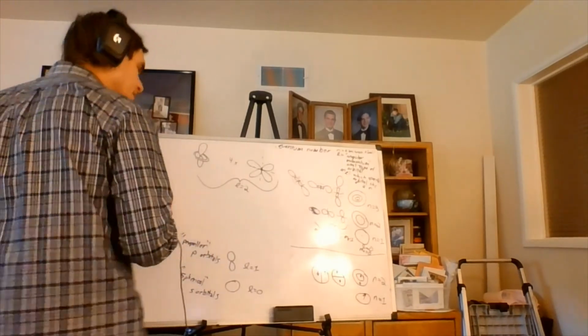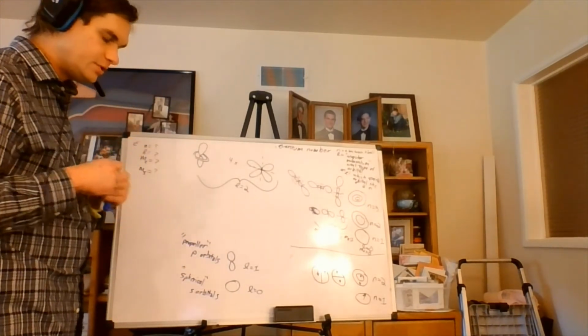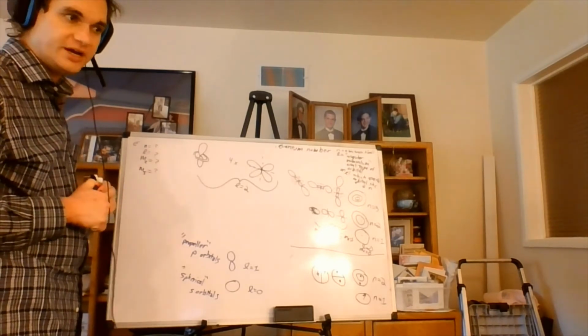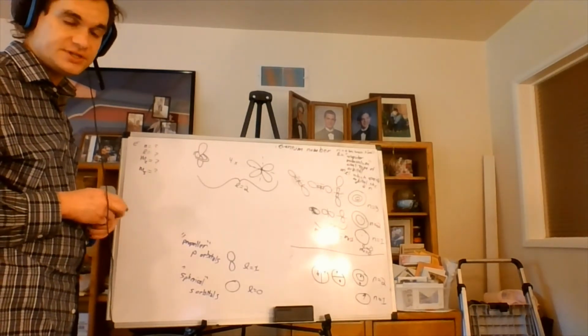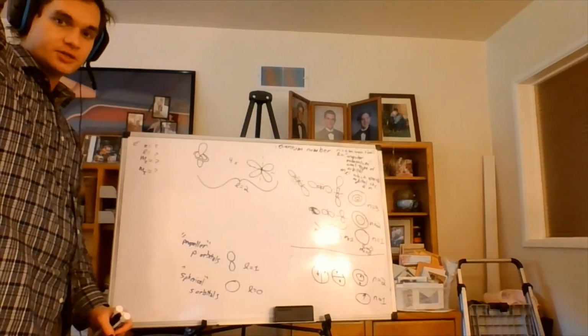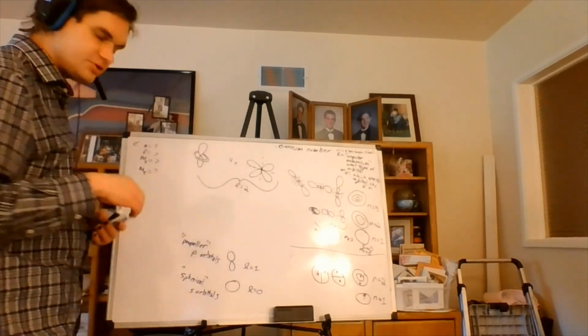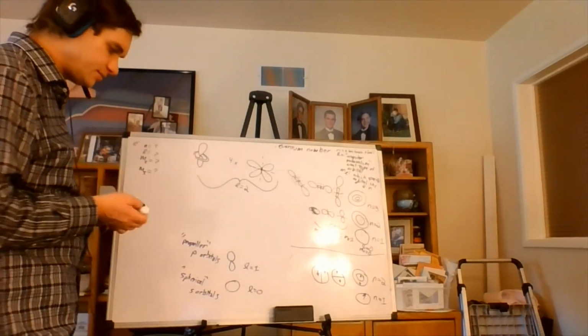Propeller because if you look at really old aircraft that were made in like the 1920s and 30s that only have 2 blades on the propeller, the p orbitals are shaped kind of like that.